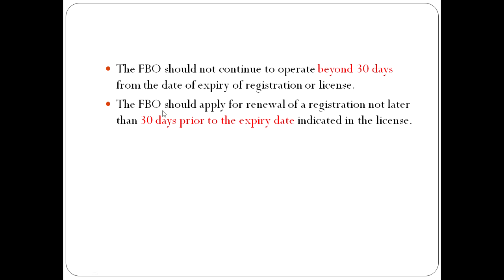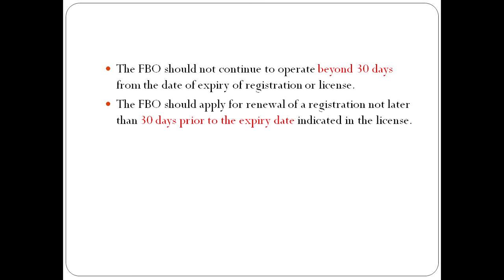The next thing is that the food business operator should apply for renewal of registration. I mean, he should apply for renewal of his license 30 days prior to the expiry date. Suppose a food business operator's license is going to expire on November 30.